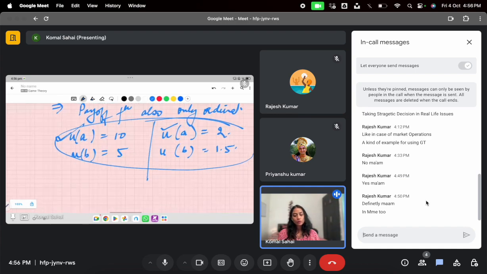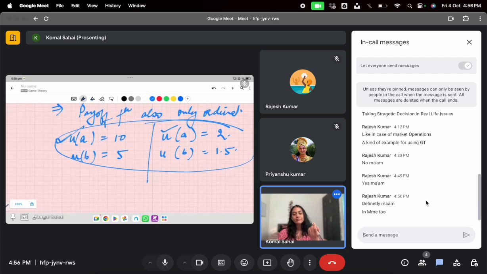Okay, so that also means that any increasing function of U, इसको U की जगह अगर हम V लिख देते हैं, right? So you have V of A and V of B. This is one function, this is another function.